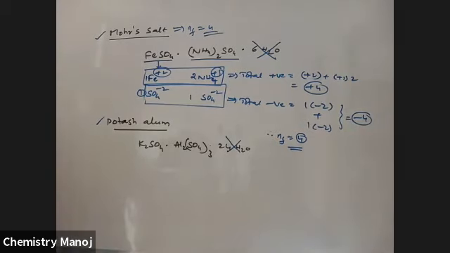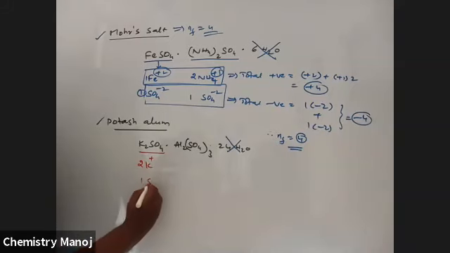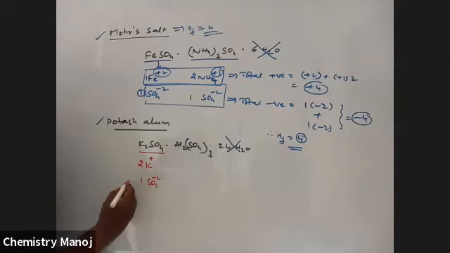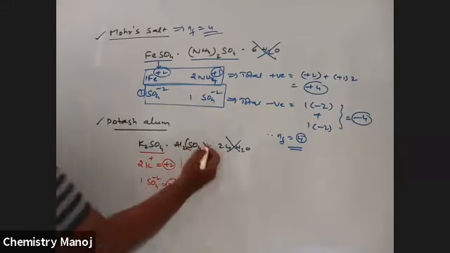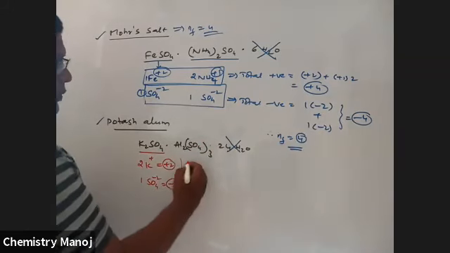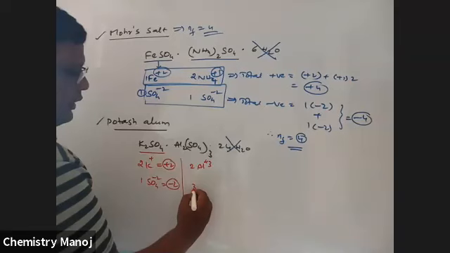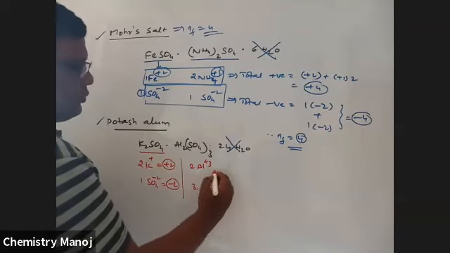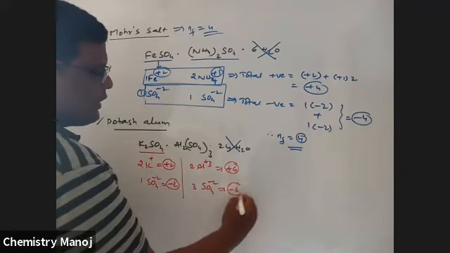See here, try yourself. Simply, K2SO4: 2 K+ ions, 1 SO4 -2 ion. Therefore, total +2, total -2 in this case. Al2(SO4)3 I already explained: here 2 Al+3, 3 SO4 -2, total +6, total -6.